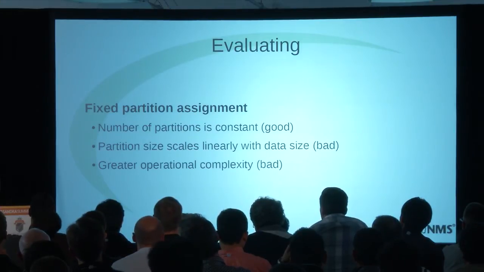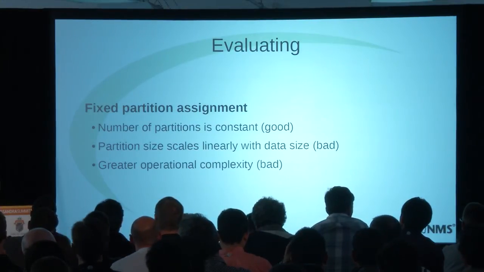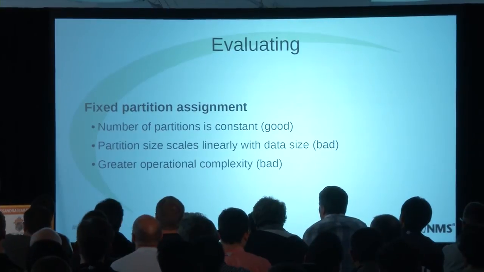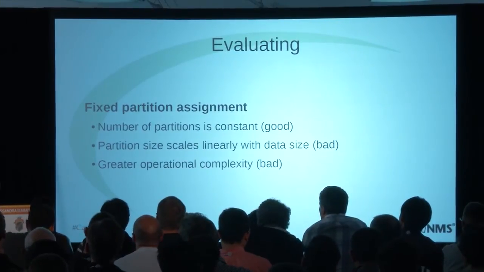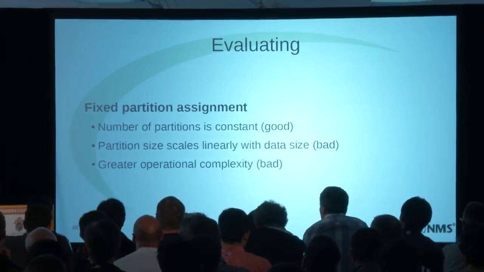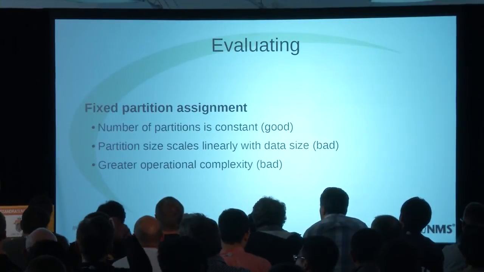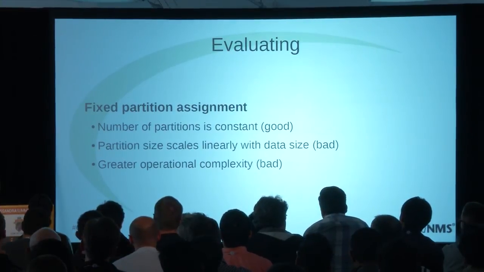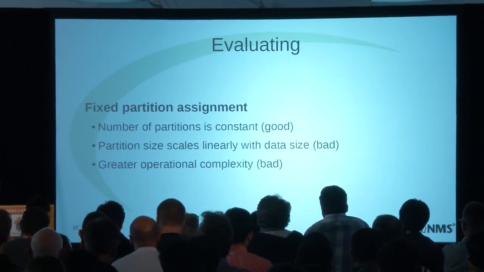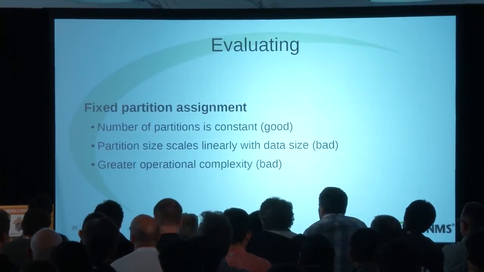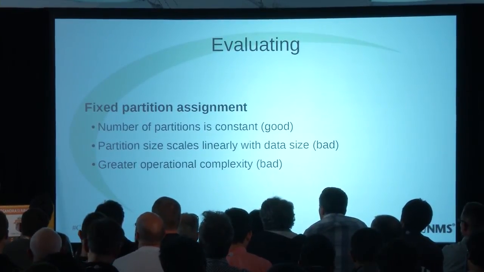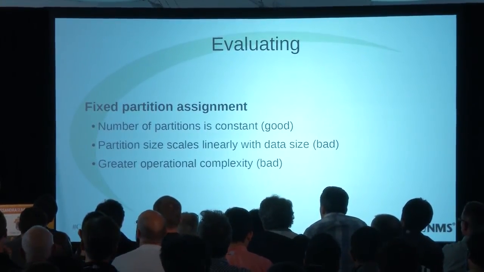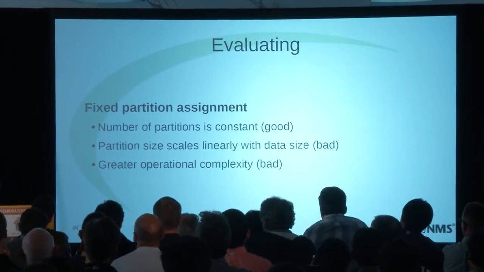Also, the one problem with fixed partition assignment is there's greater operational overhead, because it's on the operator to think ahead of time about how much data is going to be in the system and how many nodes it will take to accommodate that, so that they can assign the correct number of partitions up front. And it's rare that people have things that well in hand to start off. I'm never that well prepared.